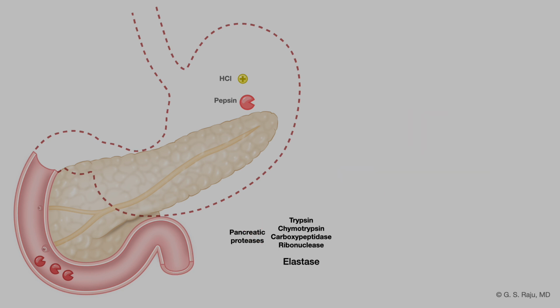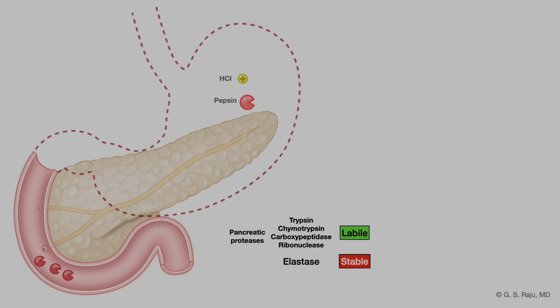So let us take a step here and learn a little more about the pancreatic proteases. We have two types of proteases. Pancreatic proteases, trypsin, chymotrypsin, carboxypeptidase, and ribonuclease, are labile. That means as they go down the stream, they're going to get destroyed. So you cannot measure them well in the stool. On the other hand, elastase is very stable.